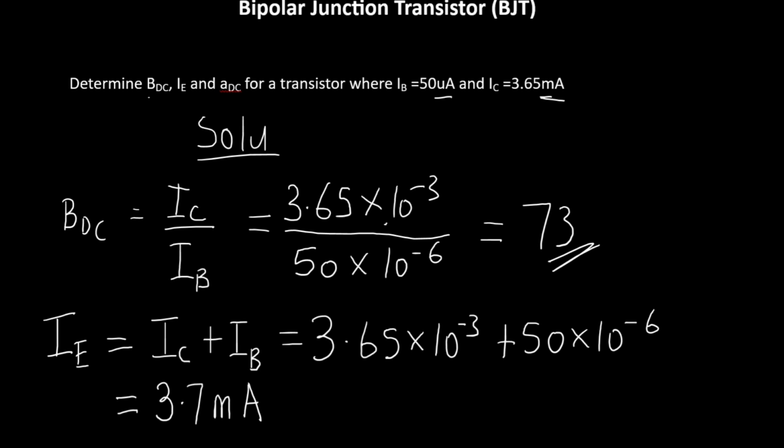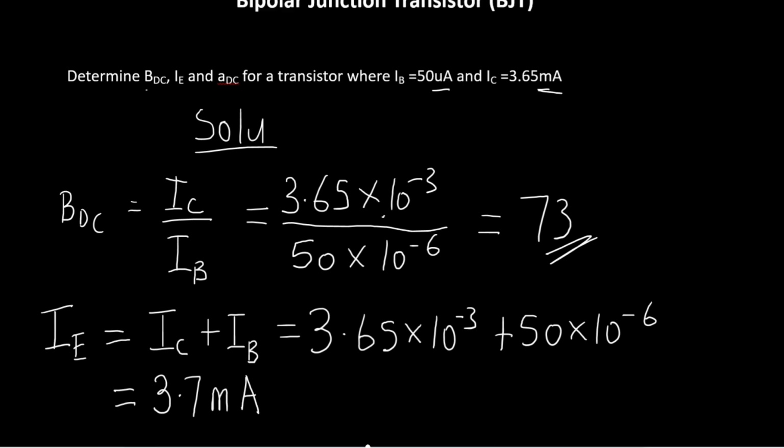So as you can see, our IE, which is the value we just got, is bigger than our IC and our IB. Okay, so the last thing they say we should find is alpha DC.